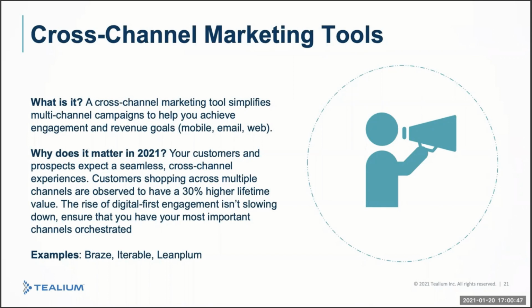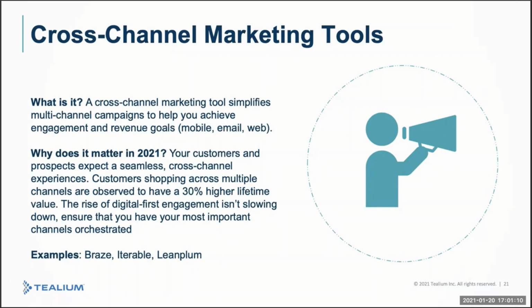So, why does this matter in 2021? I just mentioned that overview, but your customers and prospects expect seamless cross-channel experiences. Those are difficult to pull off without A, the right data, which we'll get to, and B, the right tools. Those customers that are engaging across multiple channels, statistics have shown that they have a 30% higher lifetime value.